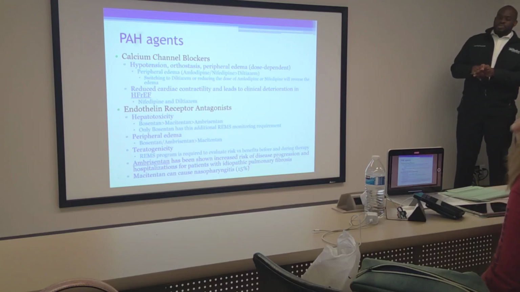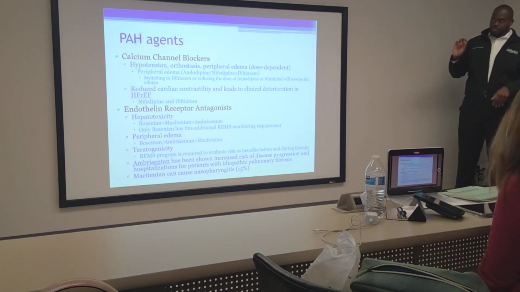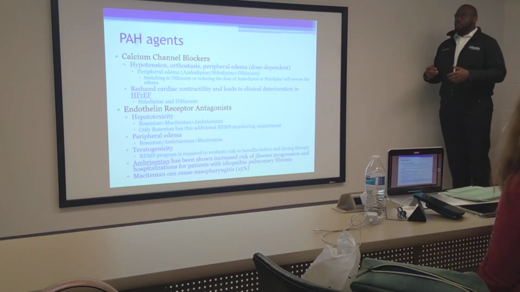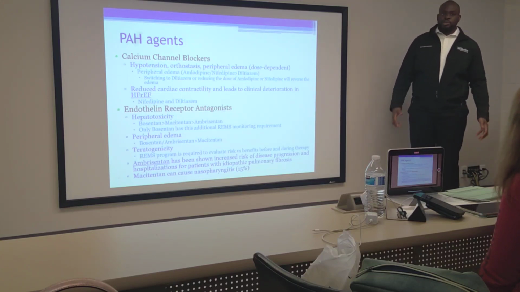So this is a good way to talk about this too. I think we give you guys enough about this. Your calcium channel blockers, we know that peripheral edema, or more so that ankle, leg swelling that patients experience, you can see in the arms too in some rare cases.